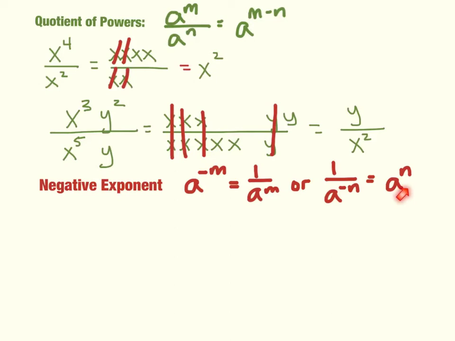Let's do x squared y to the negative 2 over x to the negative 3.